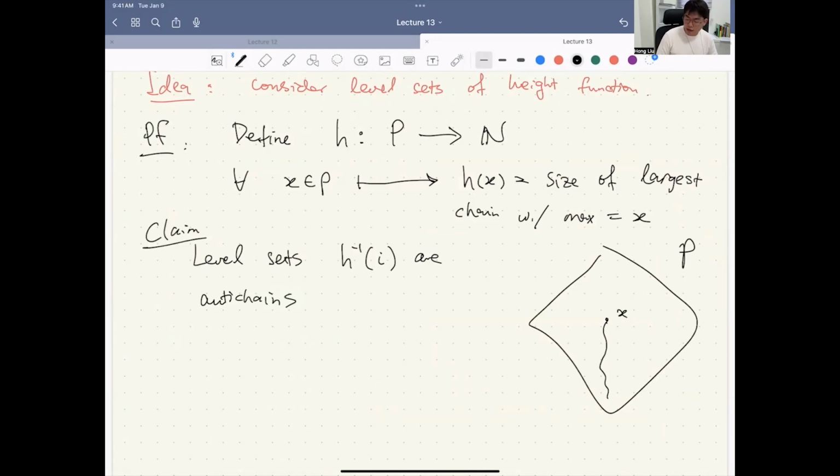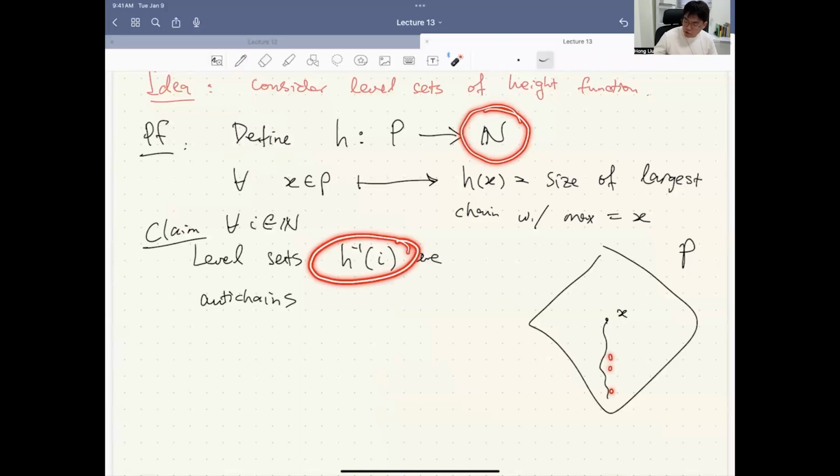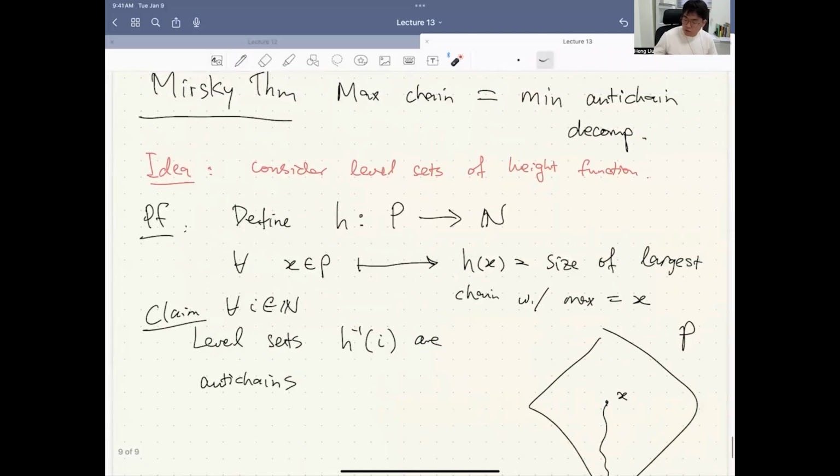For every i, if you look at the inverse image of h at i, if they are of the same level set of h, it's an anti-chain. And how many level sets are there? The size of the image, the largest value, is the height of the poset, which is the size of the longest chain.